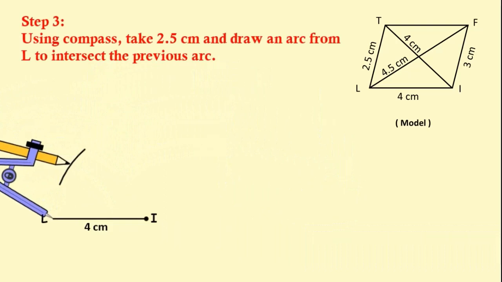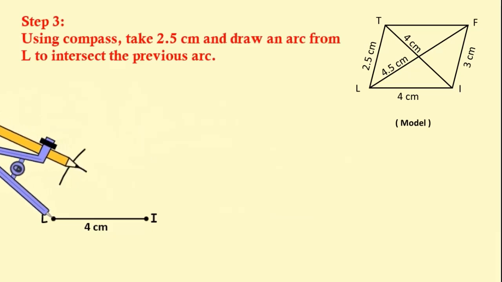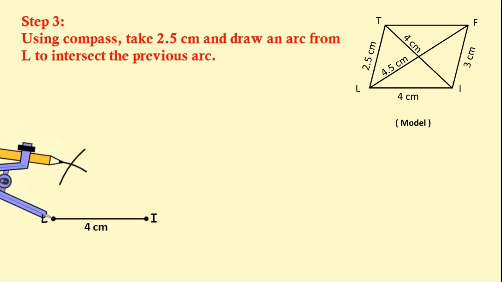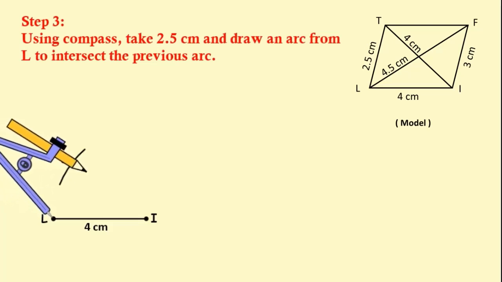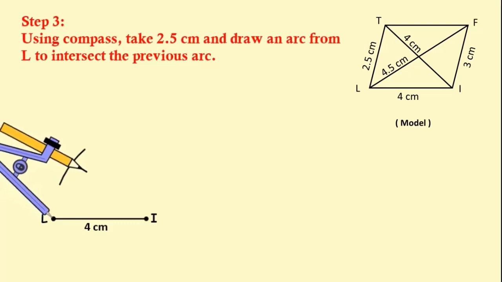Then we place the compass tip at the point L, and above it we make an arc so that it will intersect the previous arc. The point where the two arcs intersect each other is our point T according to the rough sketch.